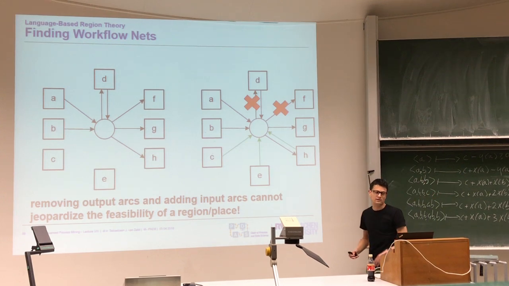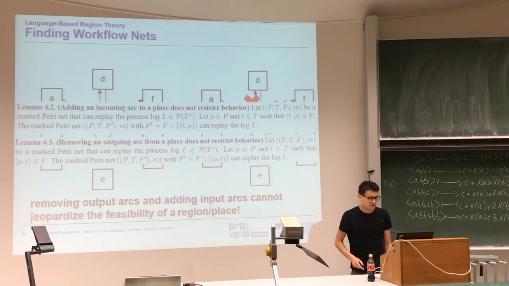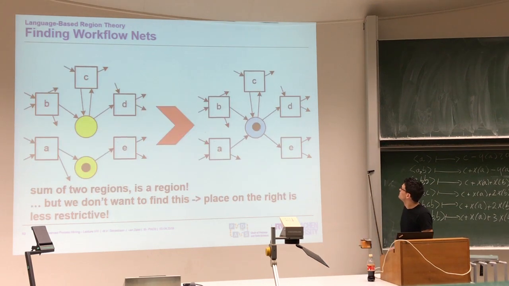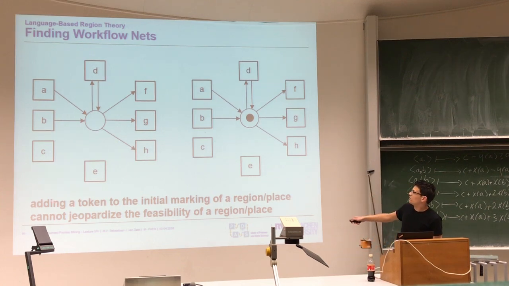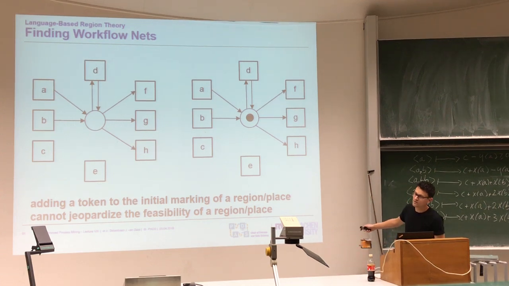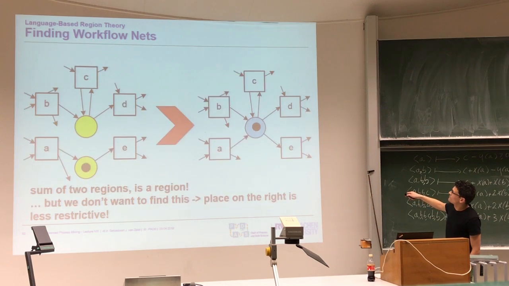Because the outgoing arcs constrain the behavior, yet the incoming arcs will only put more tokens. So that's always fine. Same holds for adding a token. If we have this place and we add a token, it's fine.